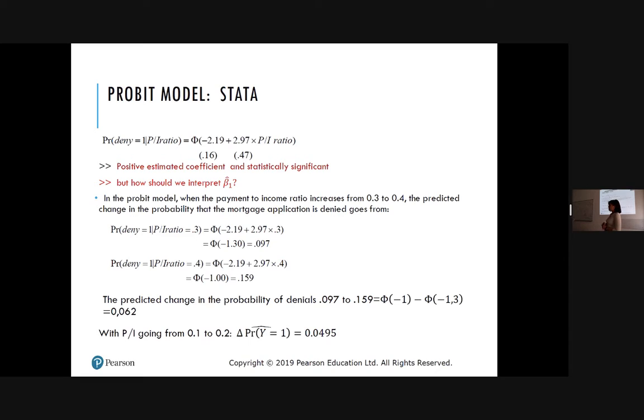So the probability of this variable equal to 1 is actually higher, and that's why it increases by 0.06. Okay, this is how we interpret the coefficients. So how we use the estimated beta 0 and beta 1 to estimate the effect of a 1 unit change in x, when x starts at 0.3, on the probability of being denied.